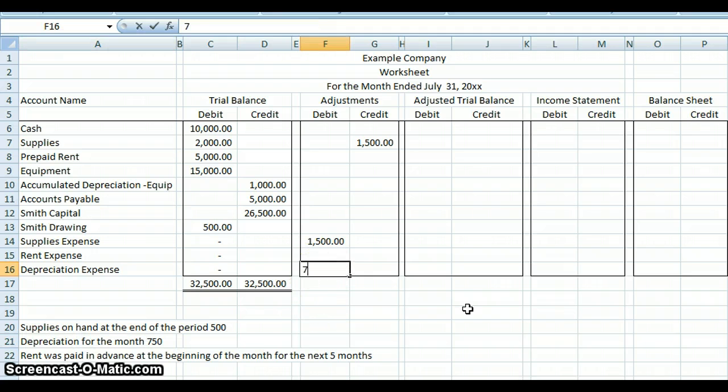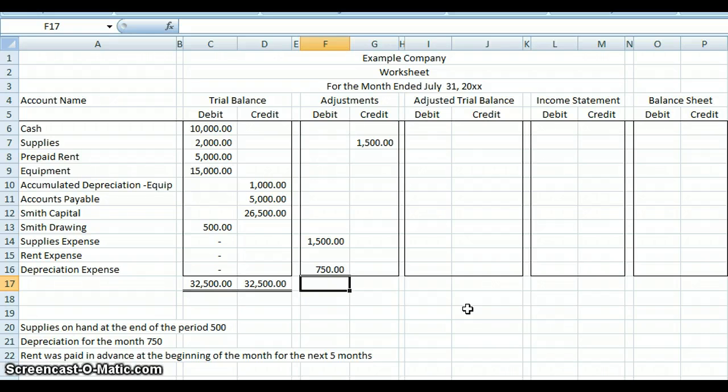So depreciation expense says this is what I'm going to record as expense for the month for depreciation. Remembering that depreciation is the rational allocation of cost over a capitalized asset's useful life. So we're going to allocate $750 of the cost of an asset that's lasting many years to this specific month, to July 31st.